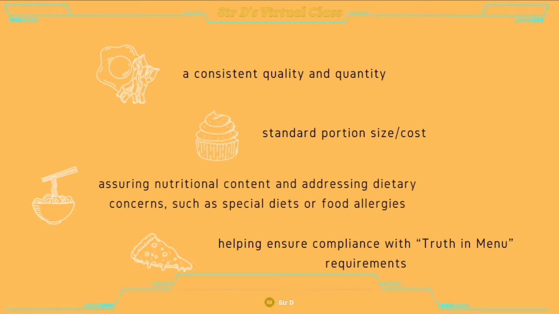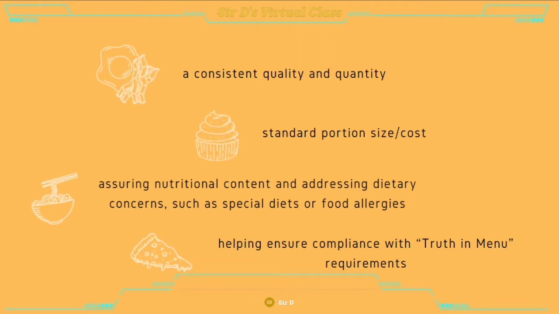Standard portion size and cost. We want to make sure that every serving will have the same amount of portion. We don't want other clients or family members to feel that it is unfair. Everything should be in proper portion or size.